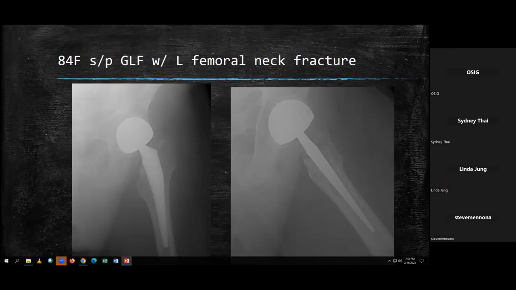In this case, there's no cement, but the data is now leaning that cemented hemiarthroplasty or cemented hip replacements are better in the fracture setting for our patients in terms of outcomes and pain and so forth. So sometimes we won't broach to the same exact size. We'll broach and then put in a stem that's smaller, but we'll have cement around it, and that'll sort of glue it into the bone, so to speak.